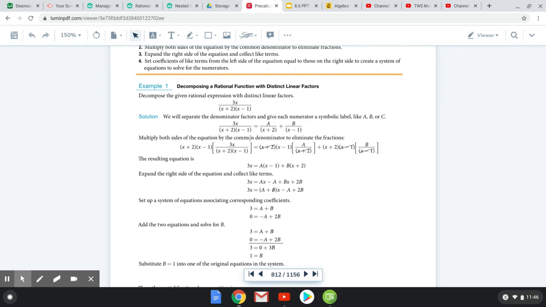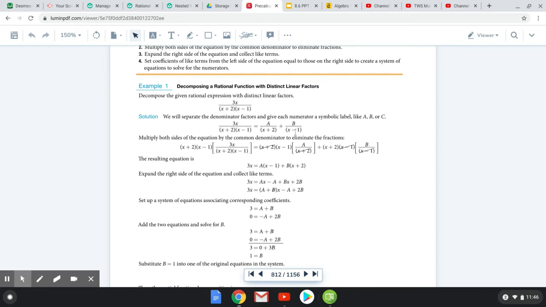How we're going to do that: the first step is to set up this equality, right? We're taking the fraction we were given and setting it equal to something over one of the factors plus something over the other factor. And then we multiply the whole thing by the original denominator.